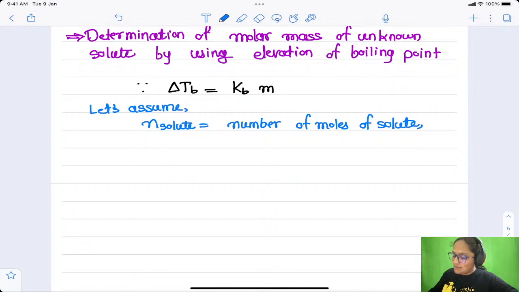Then W1 is the weight, or mass, of solvent.